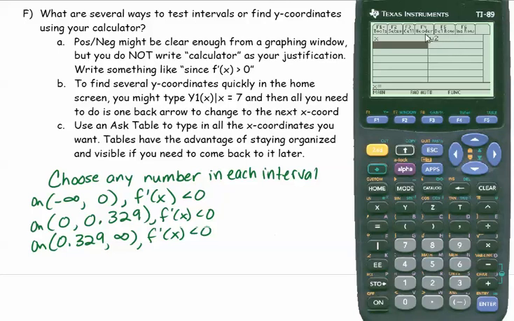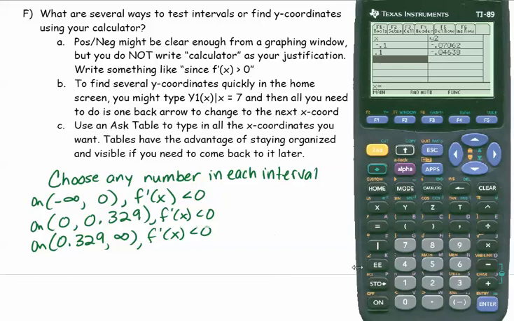Now notice that it's only showing me y2 because y1 was unchecked. So remember that y2 is my first derivative. So I wanted to test a number like negative 1. And then you have to remember here our negative 0.1, I guess I got. And then you want to go down. So you have to use the down arrow. And that's going to be our test for the second interval.